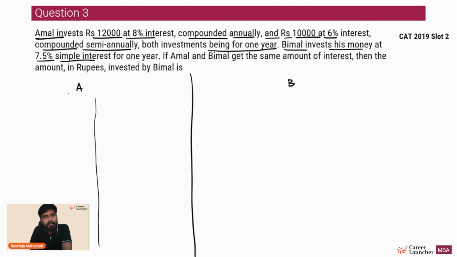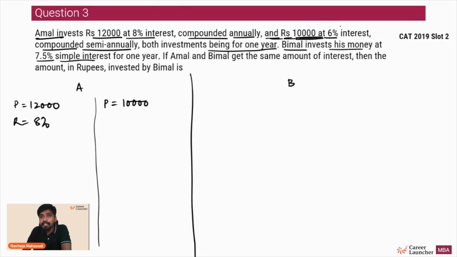For A, the principal for the first part is 12,000. Rate of interest is 8%, compounded annually. For A, the second part, principal is 10,000.